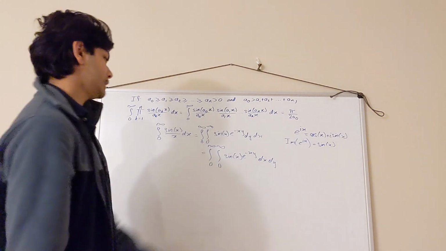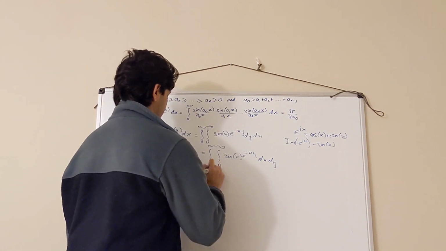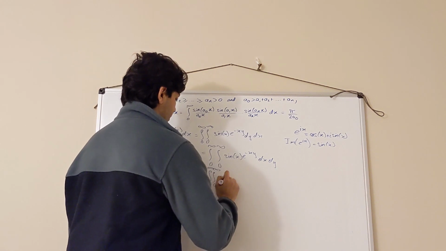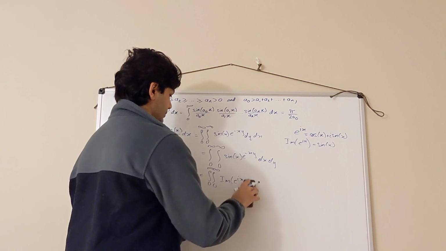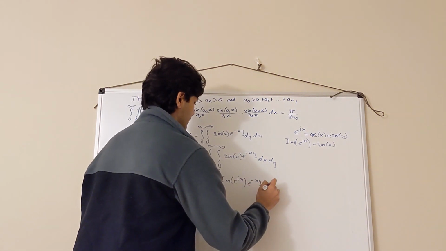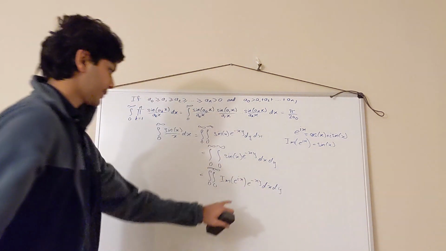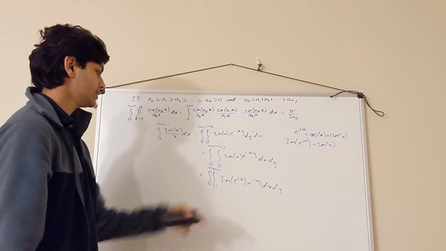That means that we can rewrite this integral as the double integral from 0 to infinity of the imaginary part of e to the ix times e to the minus xy dx dy.